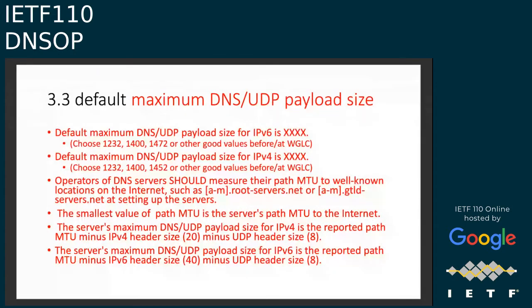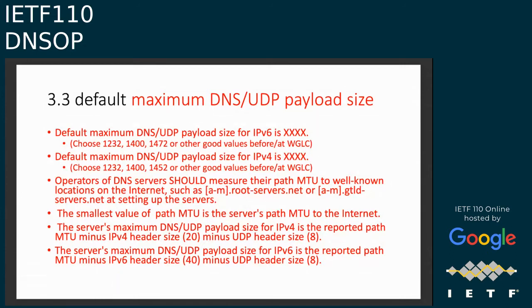These are changes about default maximum DNS UDP payload size. This section was default PathMTU value. And the default maximum UDP payload size for IP version 6 is XXXX and for IP version 4 is XXXX. Please choose good values before or after working group last call. And we added how to measure and how to generate a good maximum DNS UDP payload size.